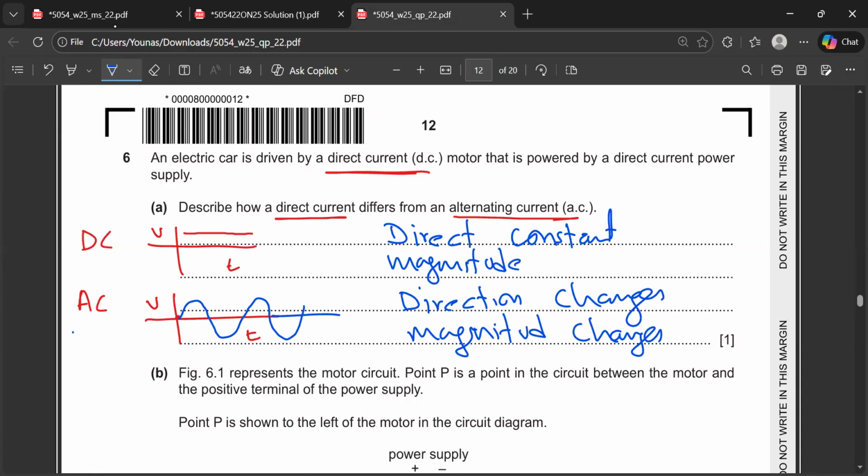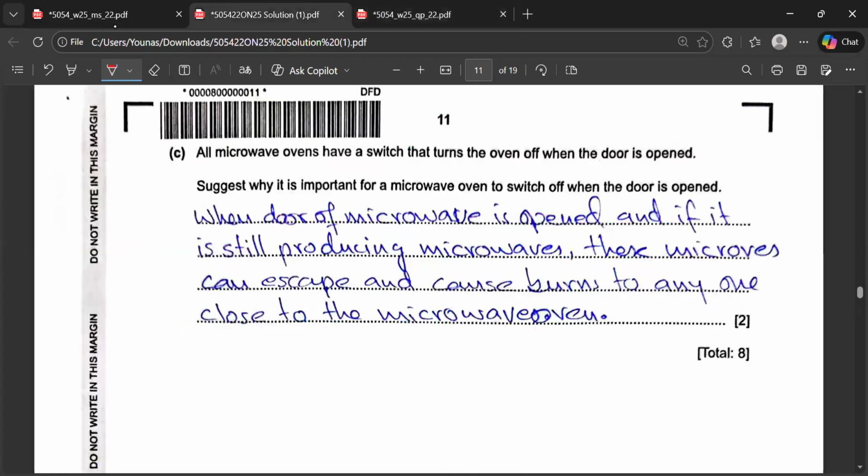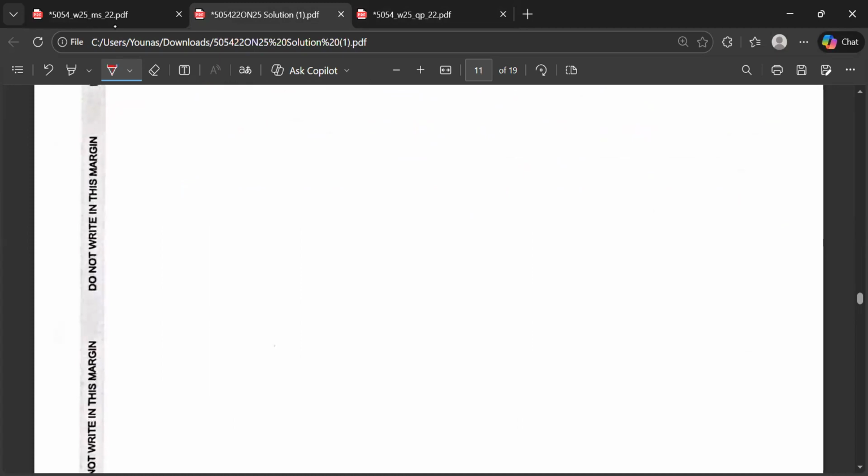The magnitude is also constant. I'm just trying to explain to you. It's a 1 mark question. So in the case of the alternating current, the direction and the magnitude are periodically changing. And in the case of the DC current, the direction does not change, the magnitude even remains constant.